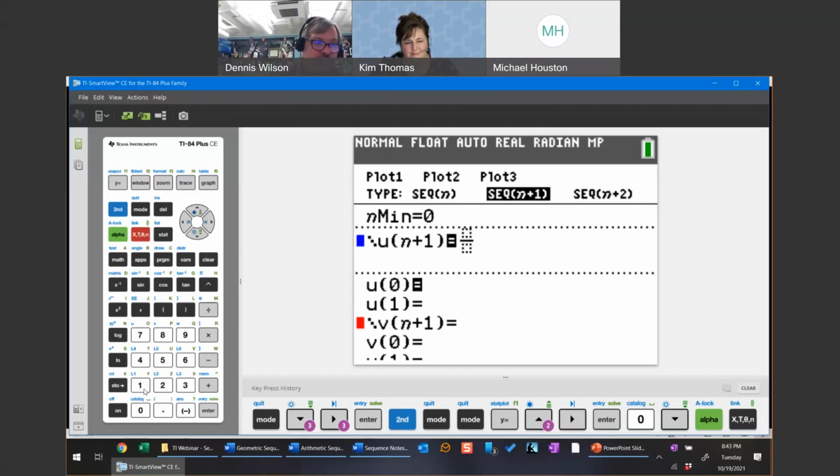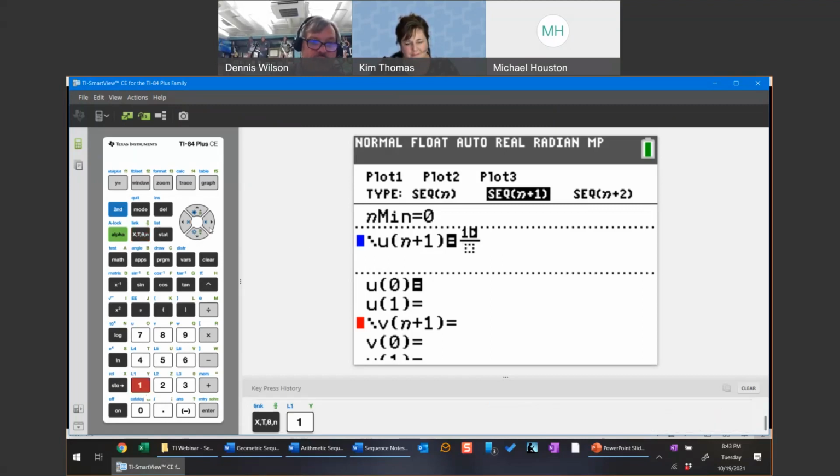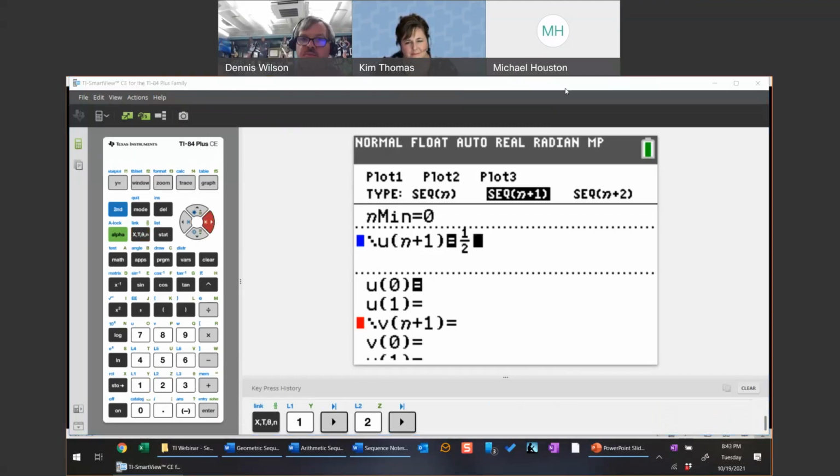And I'm going to use this fraction template, and I'll talk about why I think it's important to use it here in terms of the behavior of the 84, but I'm going to make this 1/2. And what I want to do is multiply it times u sub n. So what are ways that I would get u here in the window?